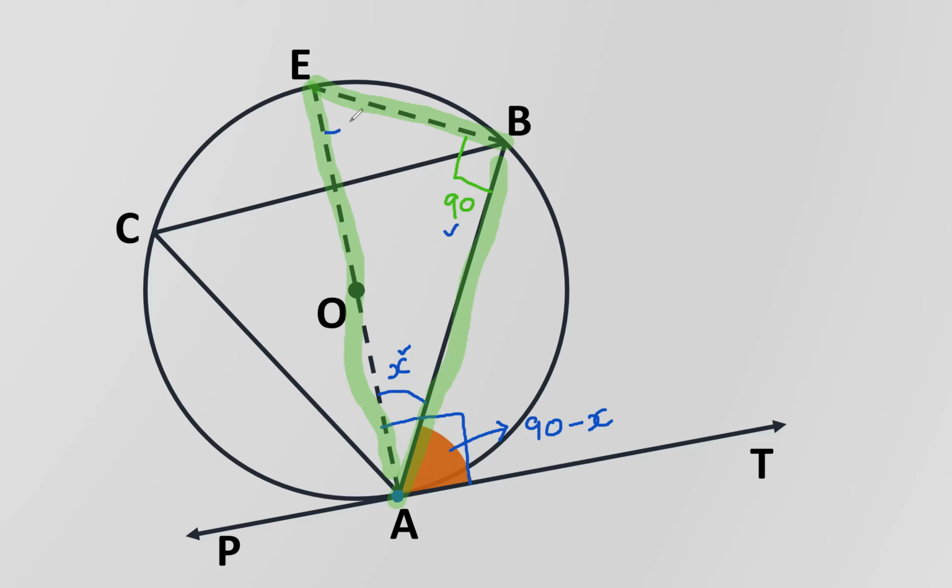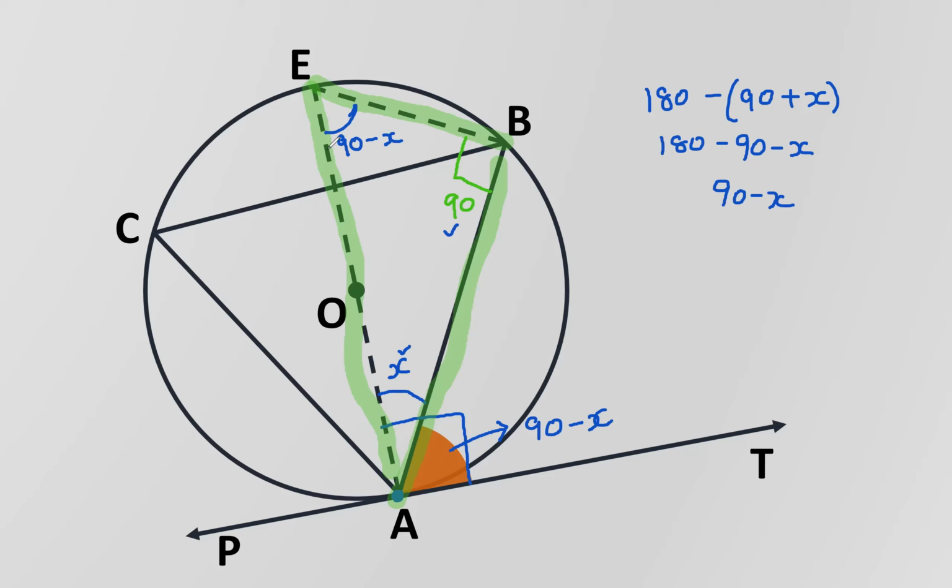So the third angle will be 180 degrees minus the sum of other two, that is 90 plus x. So that will be 180 minus 90 minus x, that is 90 minus x. So angle BEA will be 90 minus x.